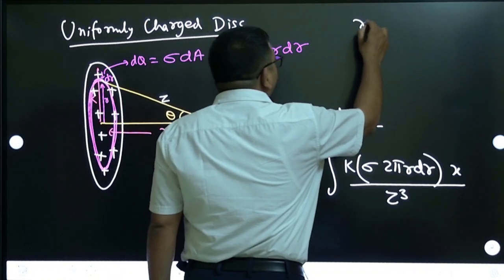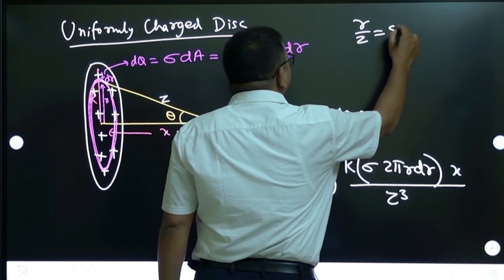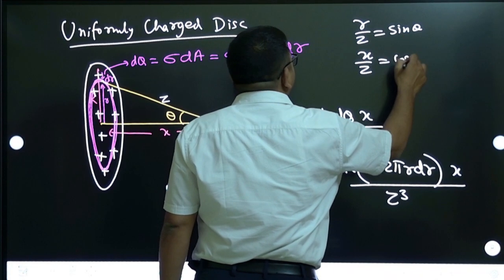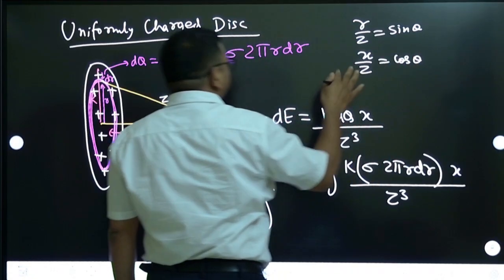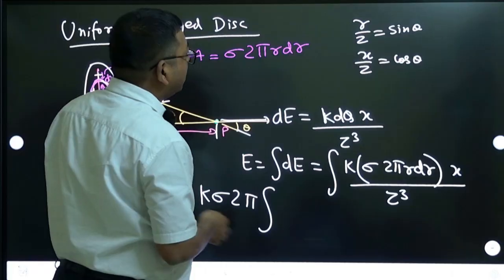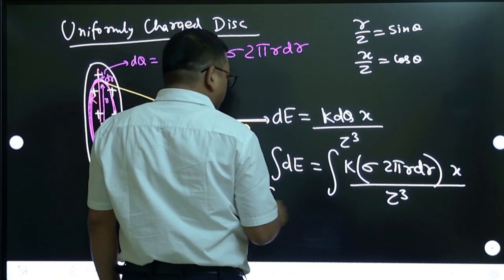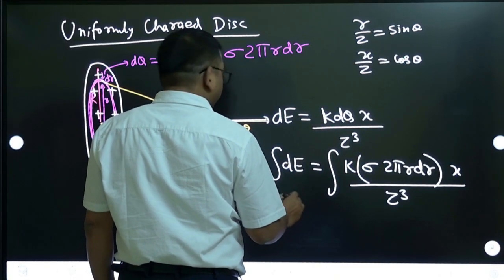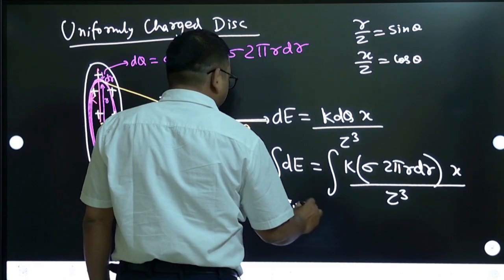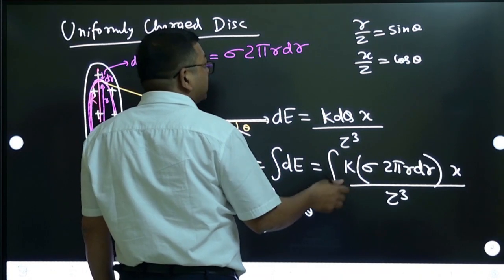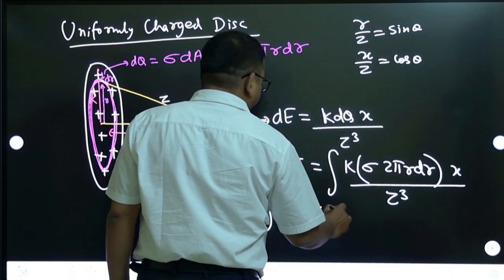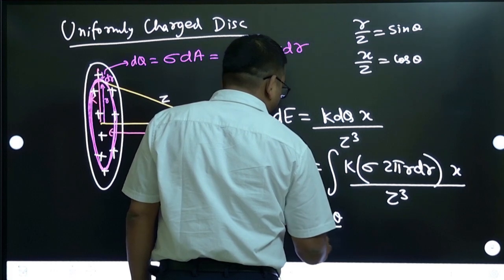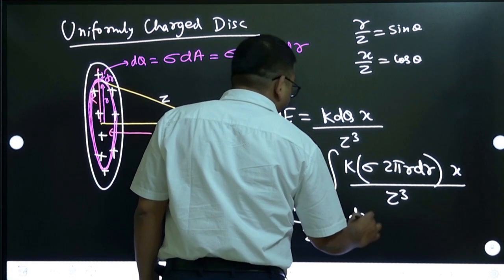Note that small r by z is sine theta and x by z is cos theta, right? So try to convert it. You write r by z as sine theta, x by z as cos theta, still one z in the denominator will remain and dr will remain.